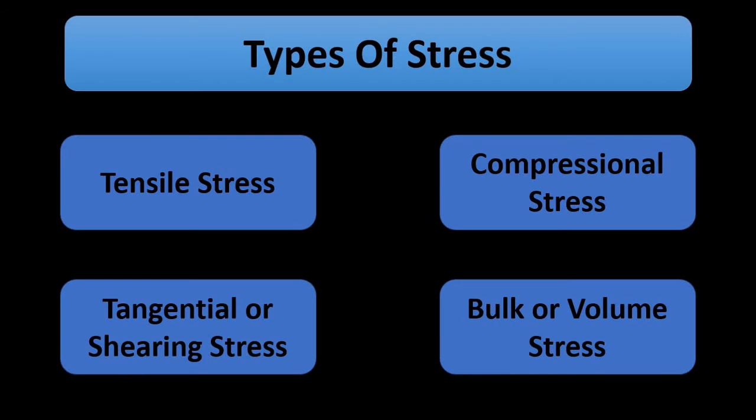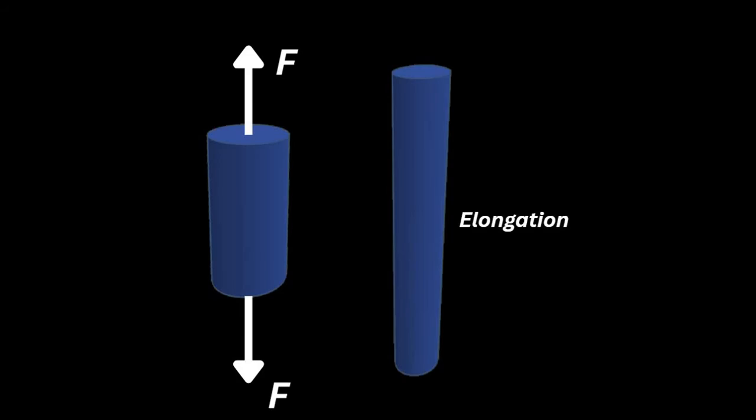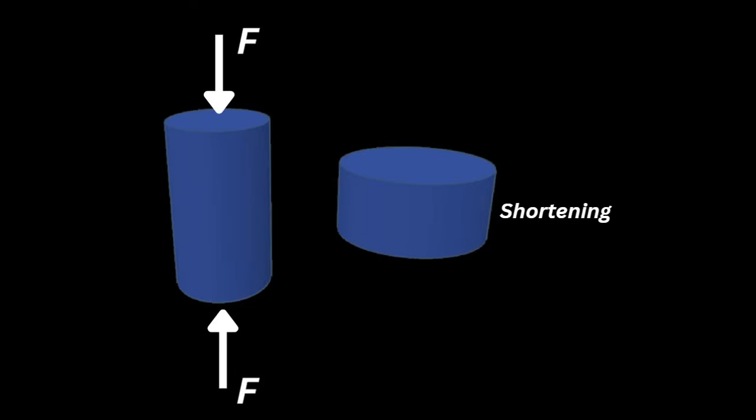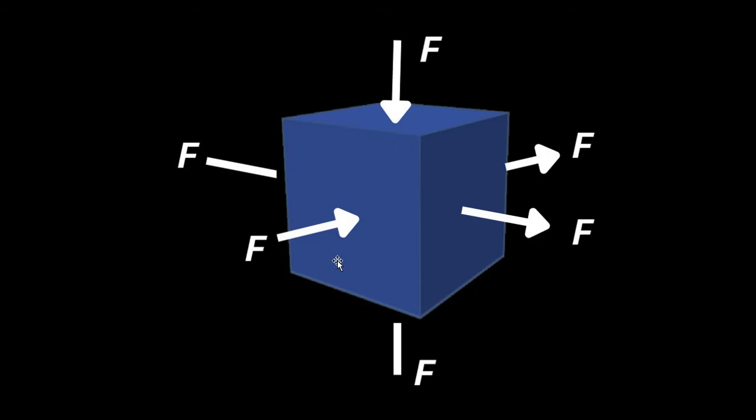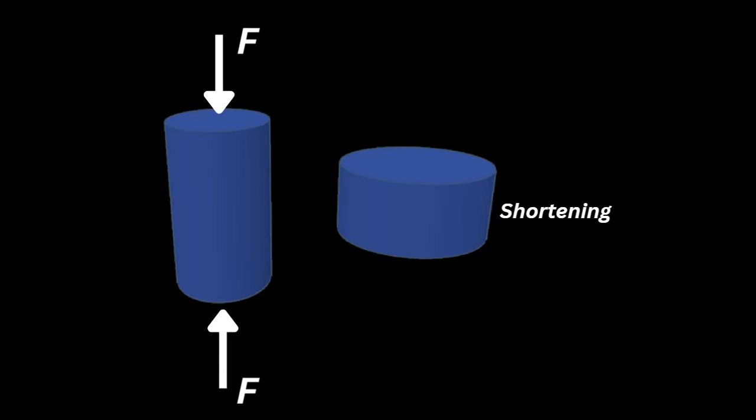And the different types of stress are tensile and compressional, which is normal stress, then tangential or shearing stress, which is sliding stress, and bulk or volumetric stress, which is uniform stress acting on all sides. Here the normal stress tries to change the length of the material.